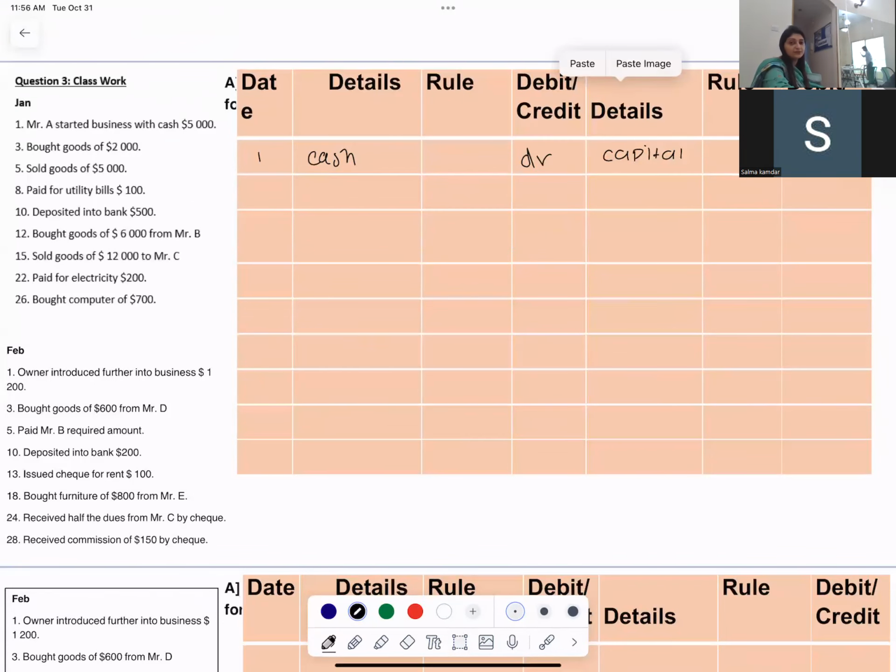Is cash coming in or going out? Speak a little louder. Two accounts involved.